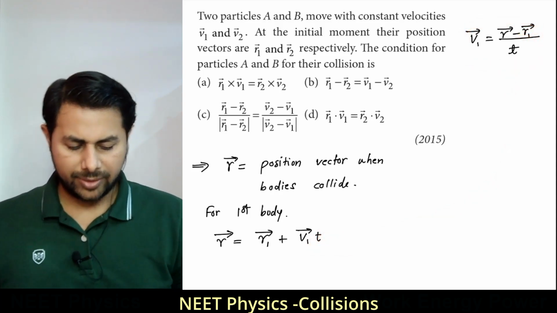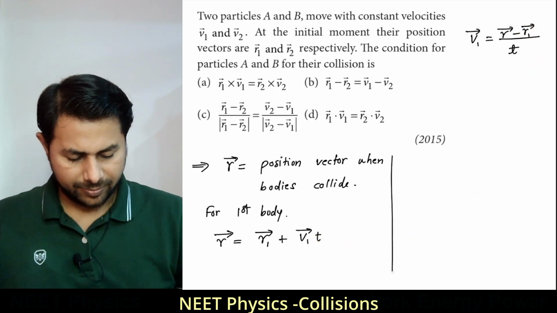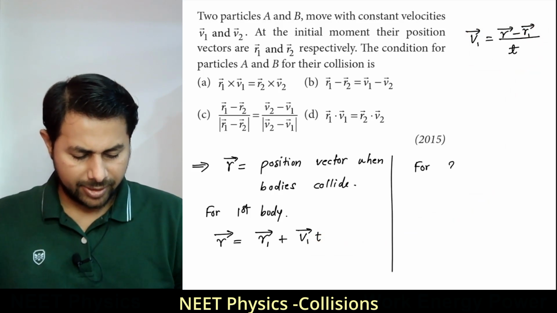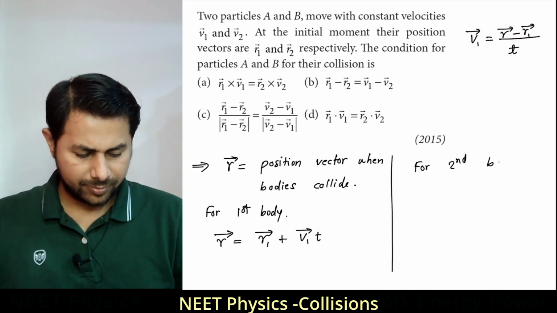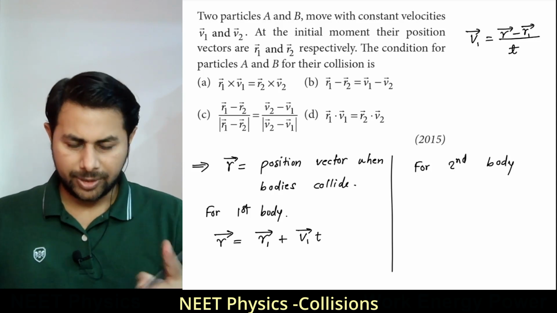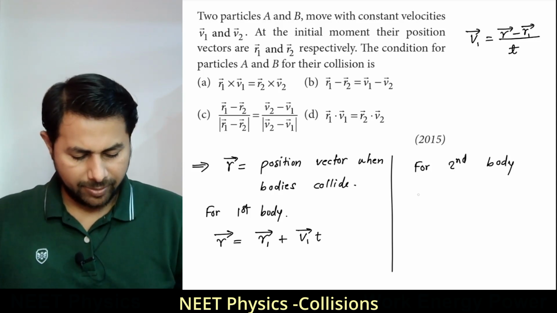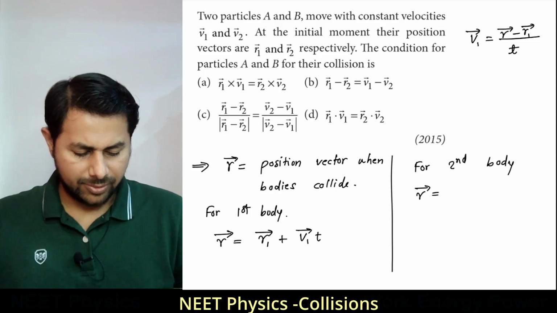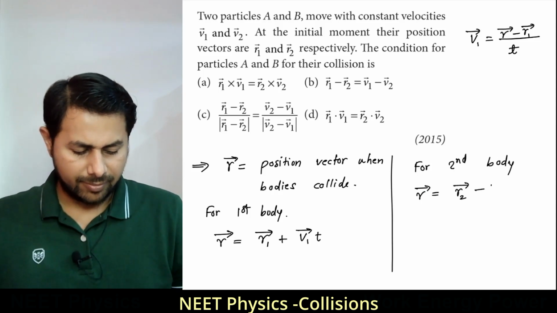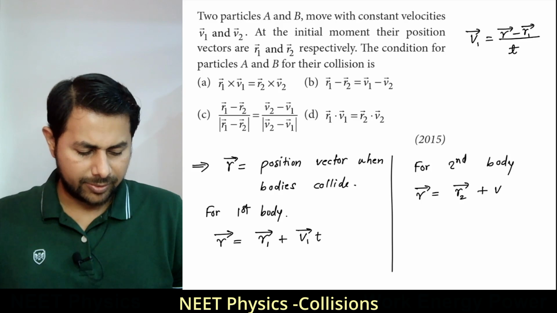Similarly for the second body, it's option C. Okay, let's check. For the second body you can say r bar is equal to r2 bar plus v2 times t.